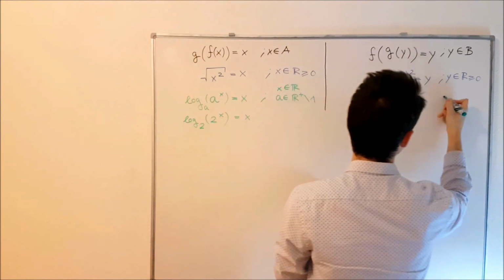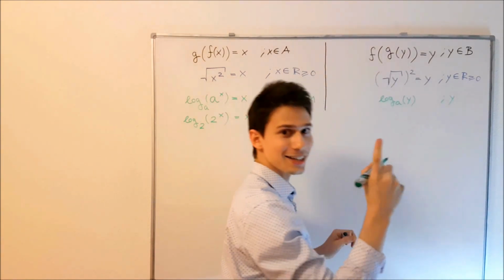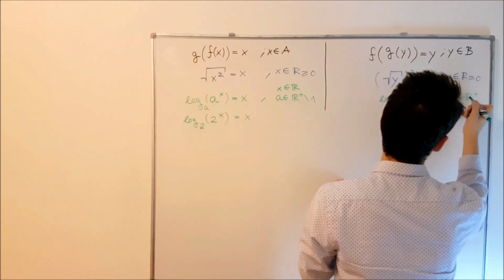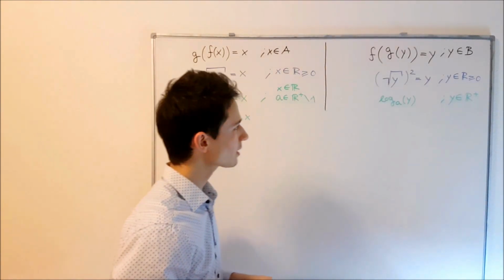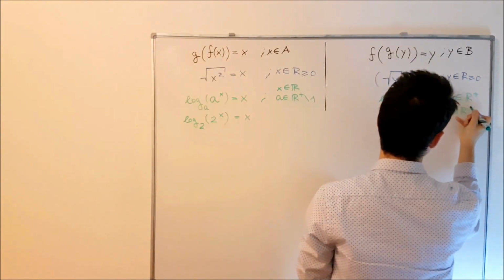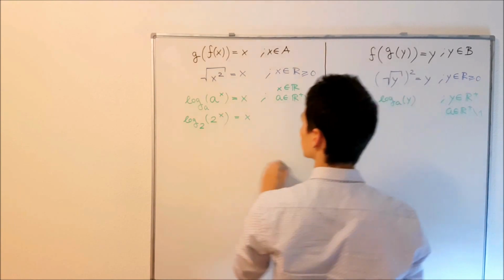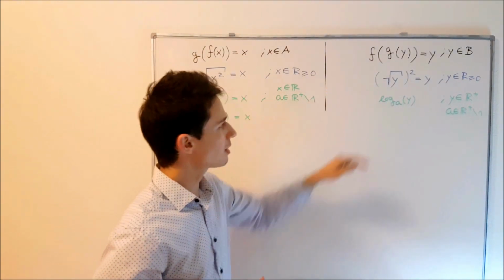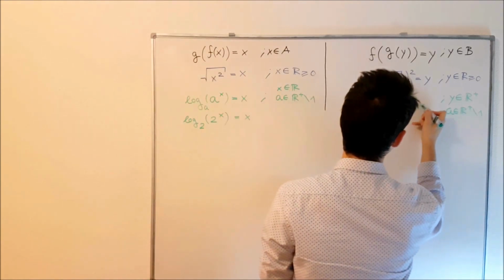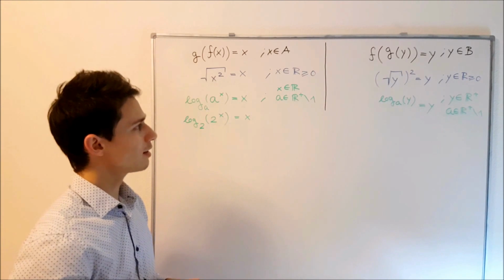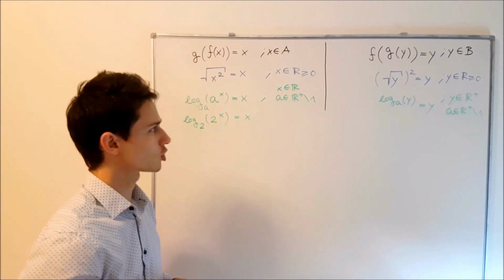So now let's say we have already the log to any base a of y, where we have the restriction on y, and you will see later why, that it has to be greater than 0. And the base a has the same restrictions as the exponential function base a. So what function would you have to apply to this one in order to get back the argument y? And yes, you would have to apply the exponential function.